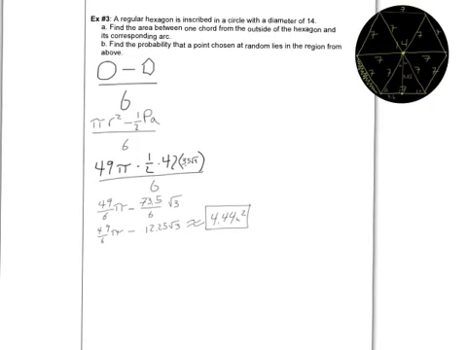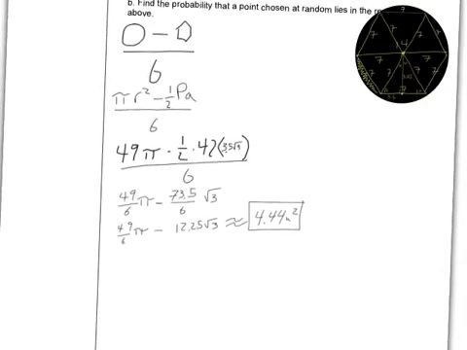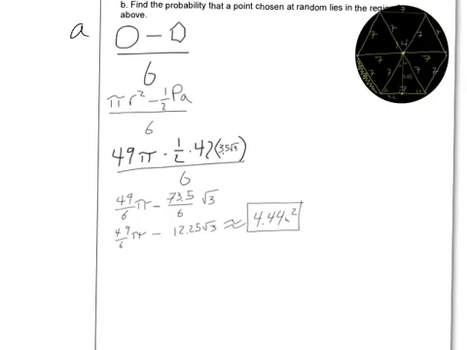Now what? Well, part B says, find the probability that a point chosen at random lies in the region from above. Okay, well remember, this was all just part A. Now we're going to do part B down here. If we want to find the probability that a point lands in this area, we need to do the target area over the total area.